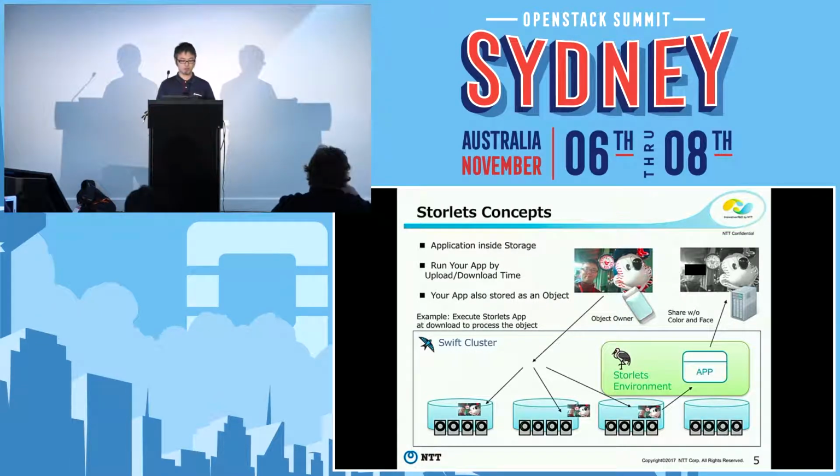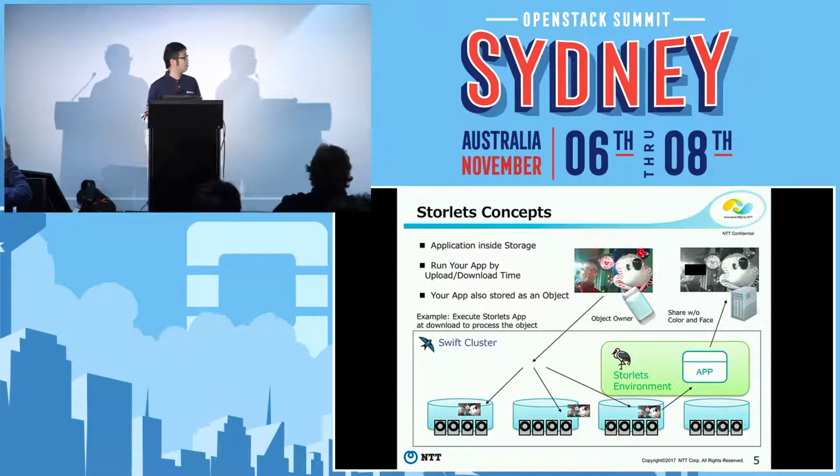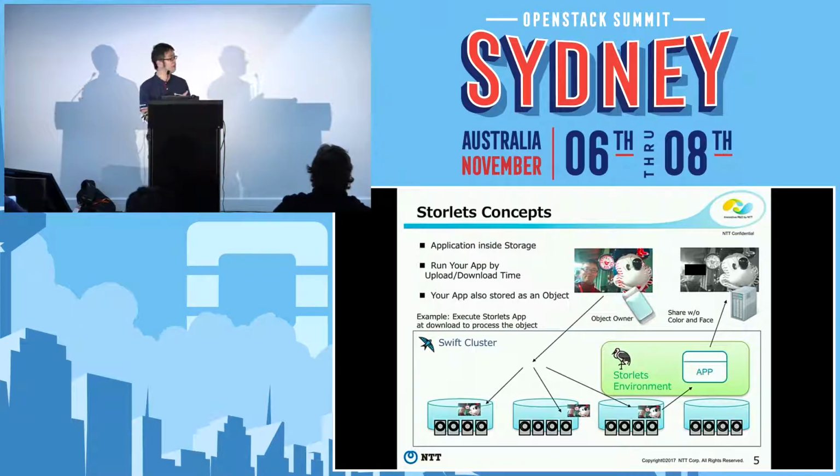That is the concept of Storlets. Storlets is applications inside storage, and your application can be run at upload and download time. For example, in this picture, objects can be uploaded into Swift as raw data. However, sometimes someone wants to reduce information, like privacy information or color, for security or network efficiency.